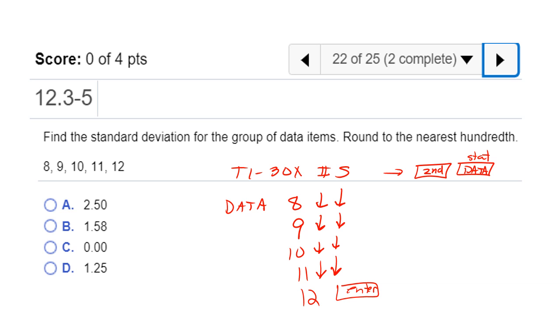Now, I will type stat variable, which is a key right next to data on this particular calculator, and it tells me that I have 5 numbers. If I scroll over to the right twice, I will see the value Sx, and that is my standard deviation. It's 1.5811, and I need to round that off to 1.58.